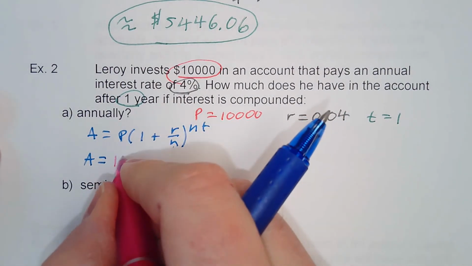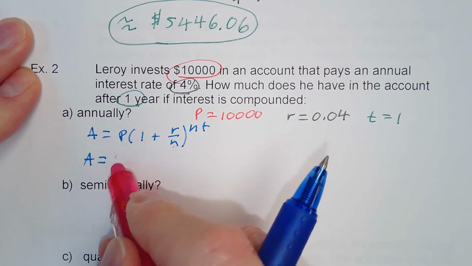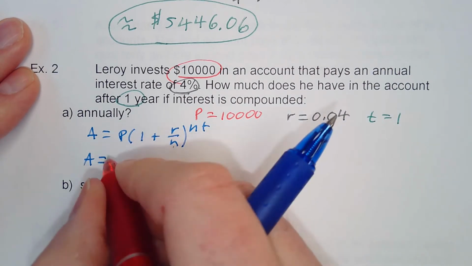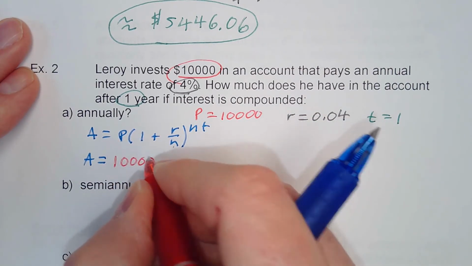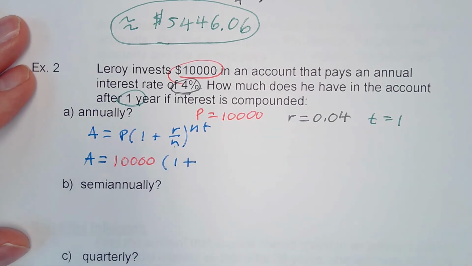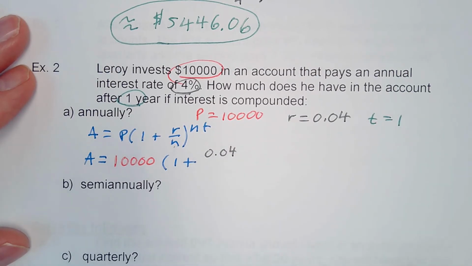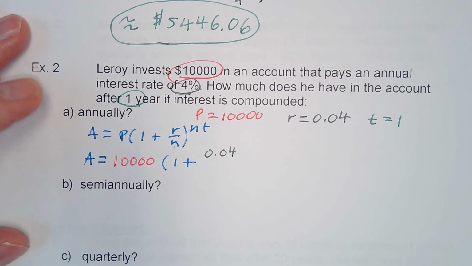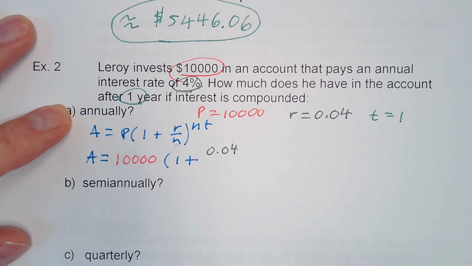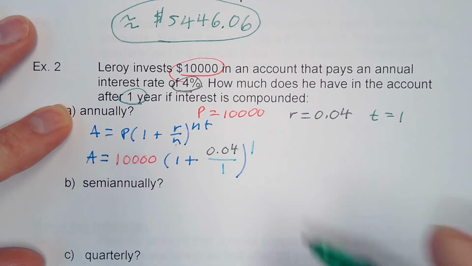So I'm going to plug in 10,000. Oops, I did it in the wrong color. We have 1 plus r, here is the 0.04. n here, well, we're doing annually, so it's over 1, raised to the 1, and t is 1.